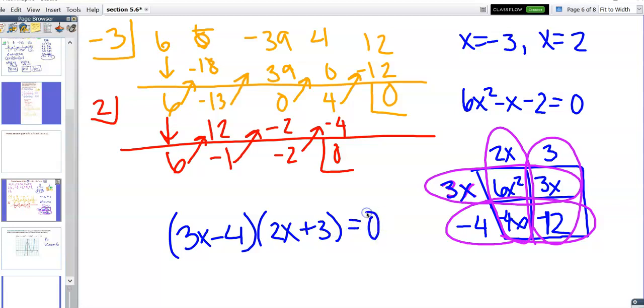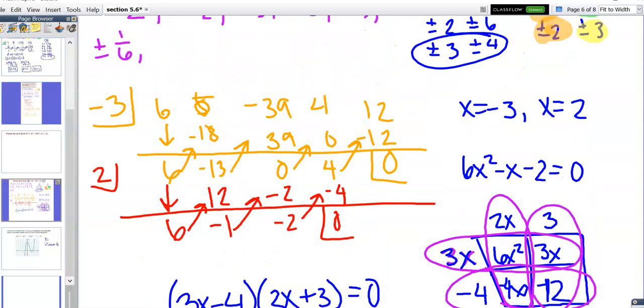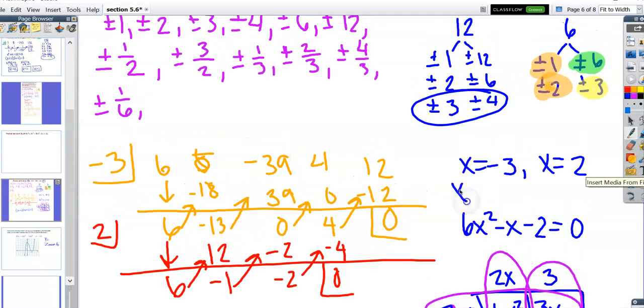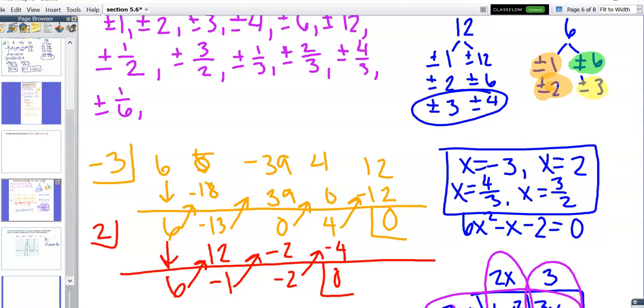Set both equal to 0 and solve. Steps to solve are shown right here, but we're left with 4/3 and then 3 over 2. And if you look back up at our original list, all of these values showed up.